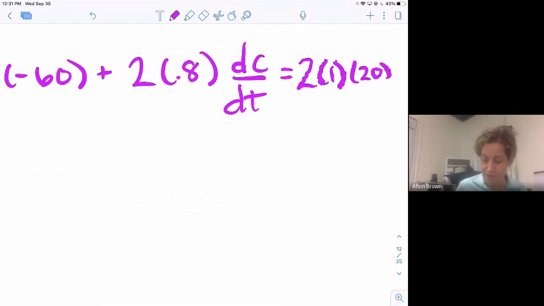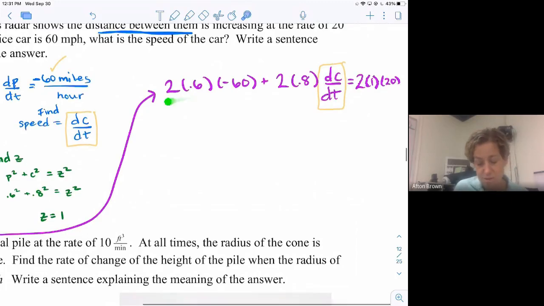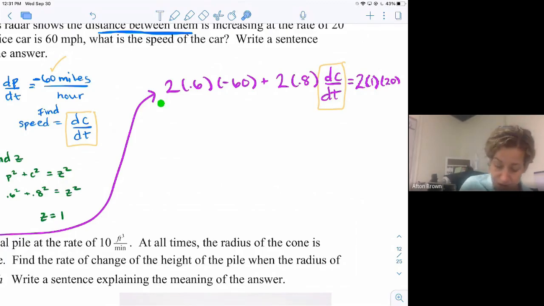My goal is to solve for dc dt. So we need to multiply 2 times 0.6 times negative 60. I'm going to use a calculator. If I multiply those, I get 72, but there was a negative, so this is a negative 72. Then I have plus 1.6 dc dt, since 2 times 0.8 is 1.6.